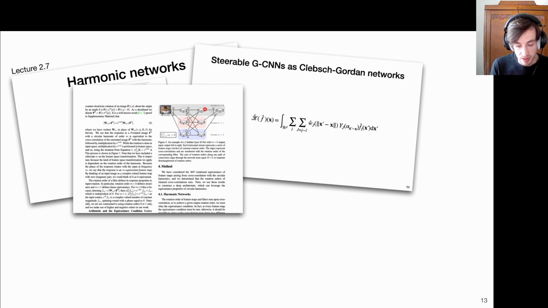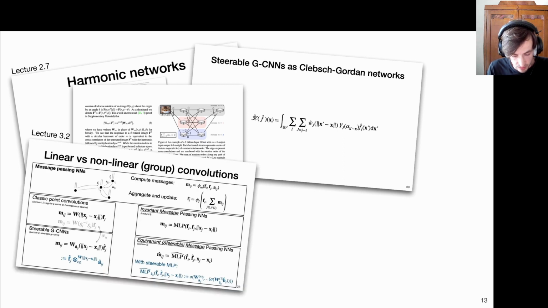We had feature maps that transformed via an irreducible representation of a certain frequency. And we can only alternate that much. If I want to go from a frequency, let's say 2 to 0, I need to convolve it with a frequency -2 filter. And that was this equivariance condition. And these conditions are nicely coded up in the Clebsch-Gordan tensor product.